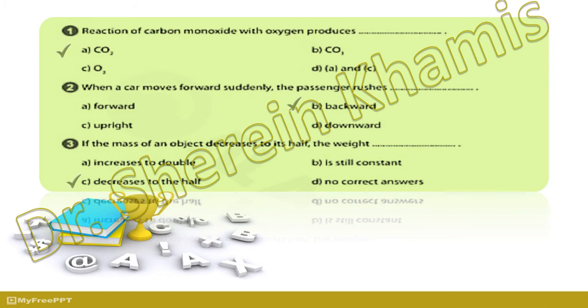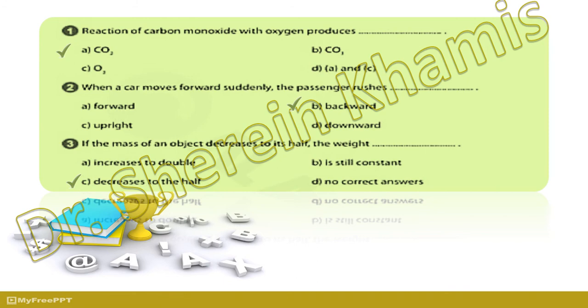So let's go into question 3. If the mass of an object decreases to half, what happens to its weight? The weight will decrease to half. If the mass of an object decreases to half, its weight will also decrease to half its value, as there is a direct relation between weight and mass.